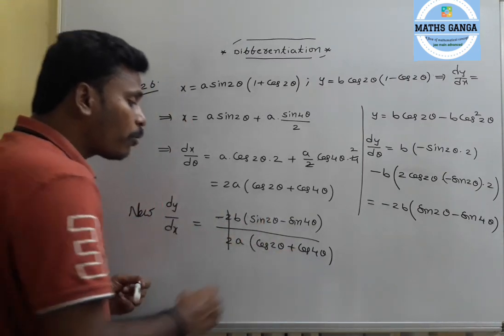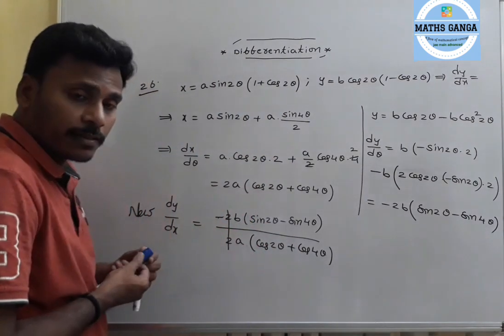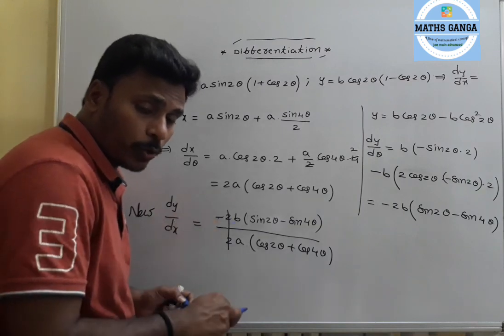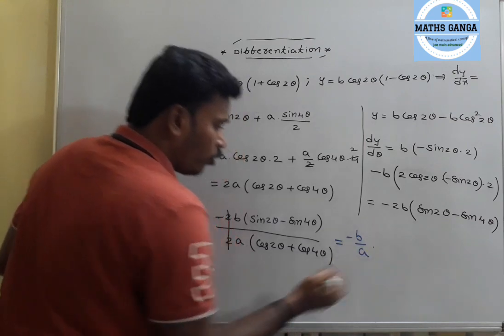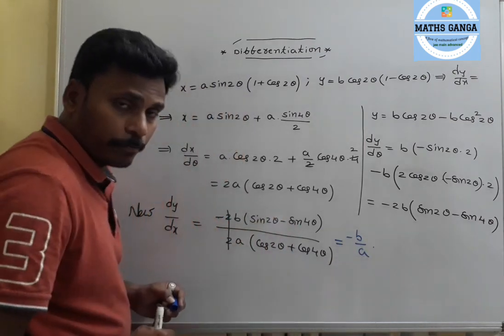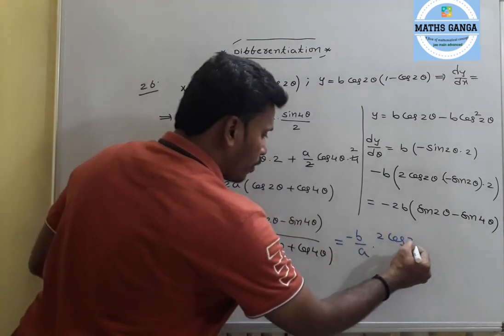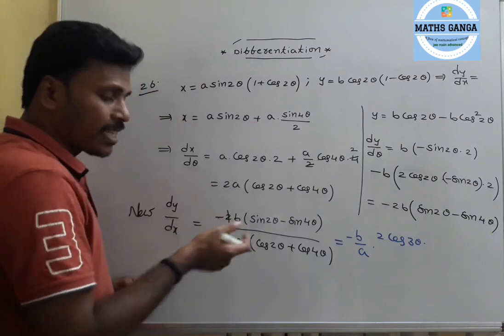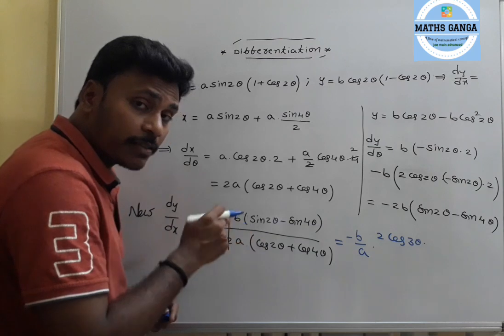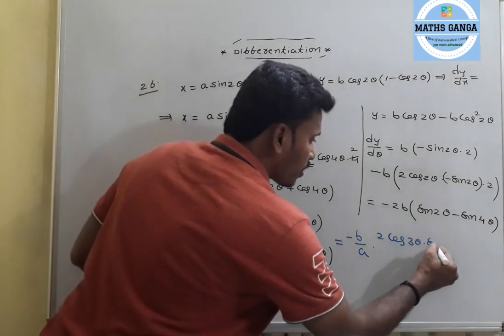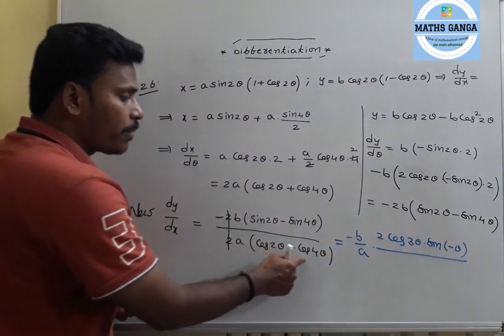What to say about this sin c minus sin d? Sin c minus sin d can be written as 2 cos of c plus d by 2 into sin of c minus d by 2. We have here minus b by a into the numerator sin c minus sin d: 2 cos of c plus d, 6 theta by 2 means 3 theta, into sin of c minus d, sin of 2 theta minus 4 theta. 2 theta minus 4 theta is minus 2 theta, by 2 that means sin of minus theta, divided by, here cos c plus cos d.